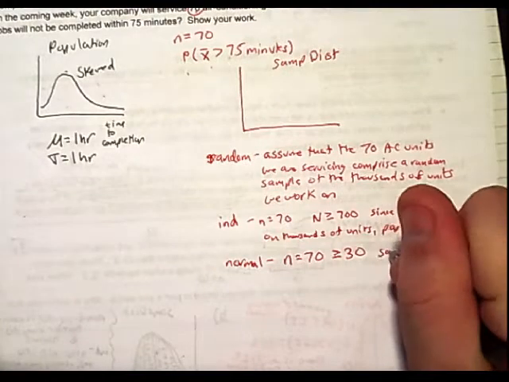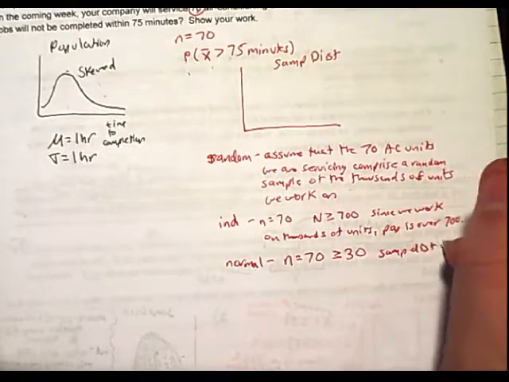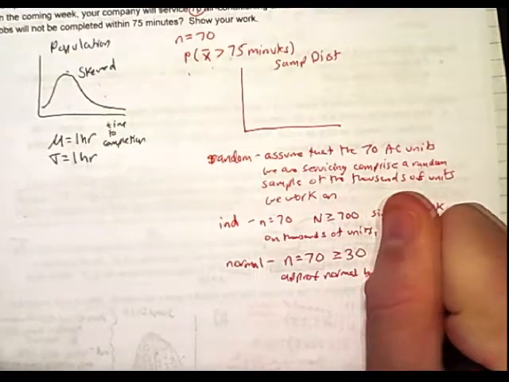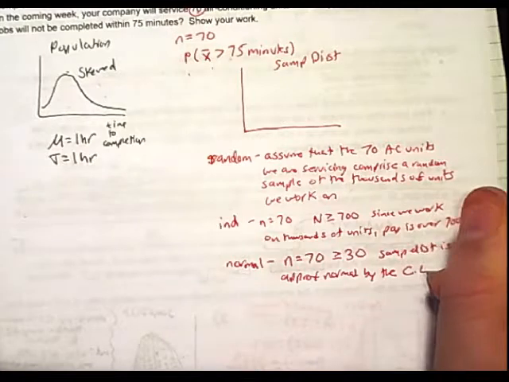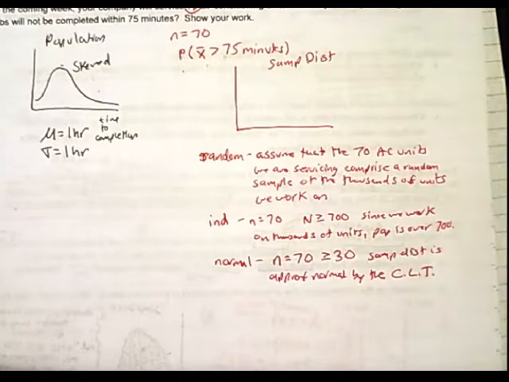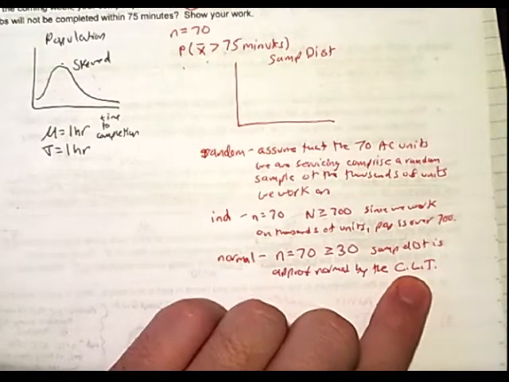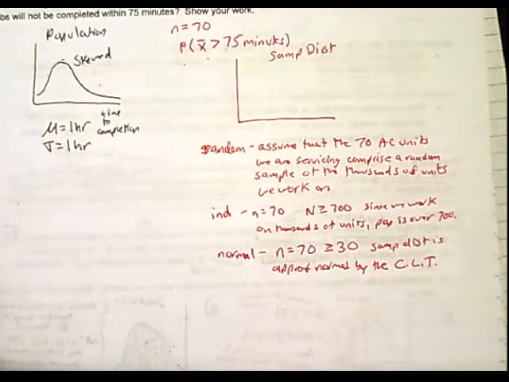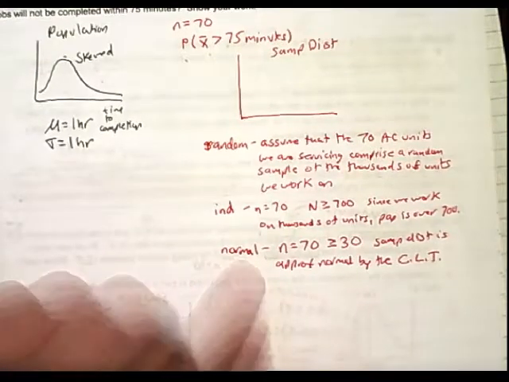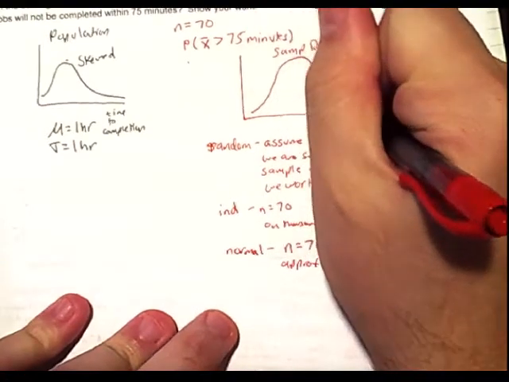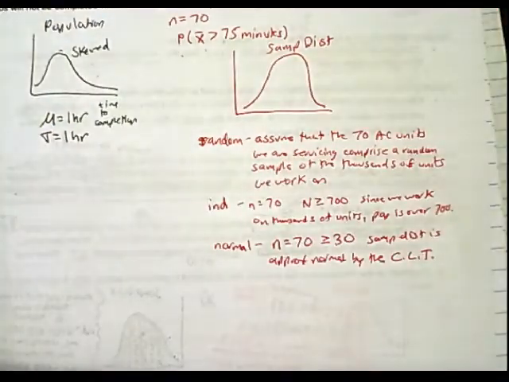So now we can say the sampling distribution is approximately normal by the central limit theorem. And they would accept that too on the AP Stats test. The readers know what the CLT is, especially in this context. All right. So this is going to be normal by the CLT.